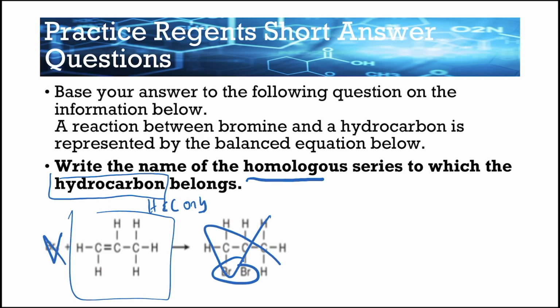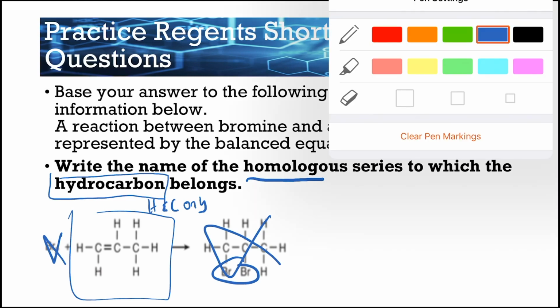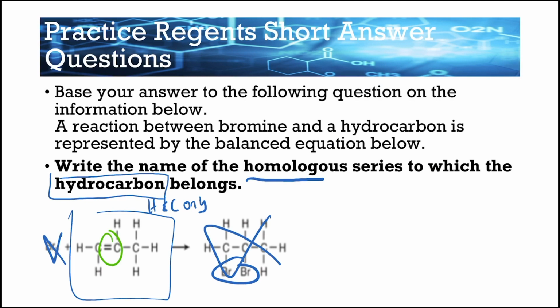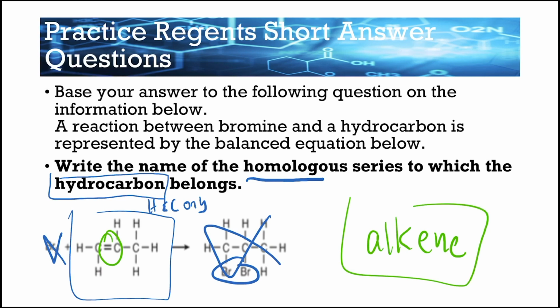So now it's like, well, what's the name of the homologous series? This sounds complicated, but it's nothing you need to memorize. It's table Q. Is it an alkane with single bonds? Is it an alkene with double bonds? Or is it an alkyne with triple bonds? And you shall see there is a double bond, which makes it an alkene. And that's all you needed for your answer. Bunch of stuff just for a one word, simple answer.